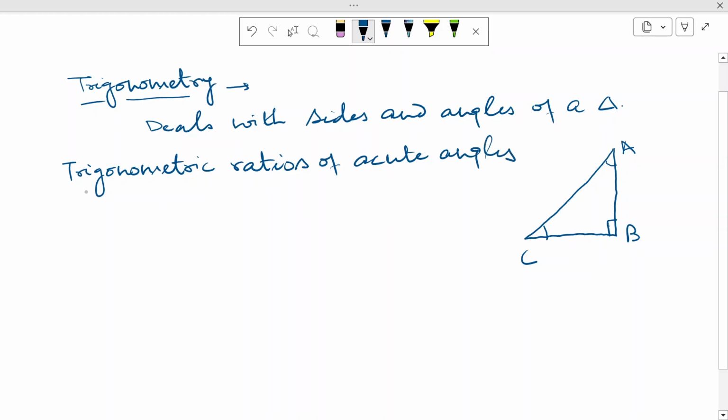So, we generally establish a certain relationship between the angles of a triangle and the ratio of the sides.